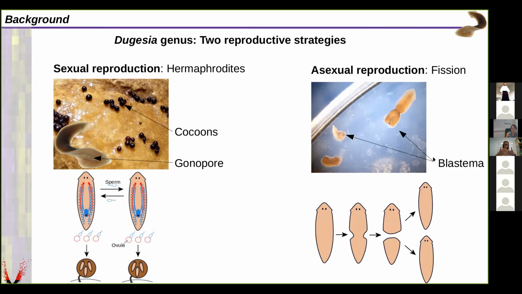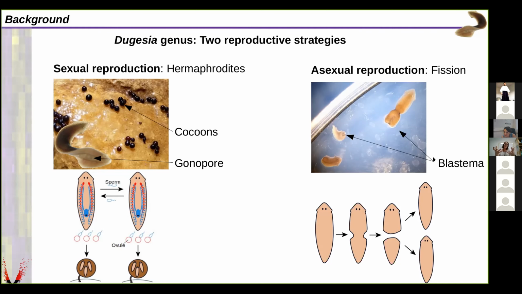Fission occurs when an animal divides spontaneously and each fragment generates the missing structures. This characteristic is what makes planarians famous, but most interesting is how the group uses this capability as a reproductive strategy and how they combine fissiparity and sexuality.